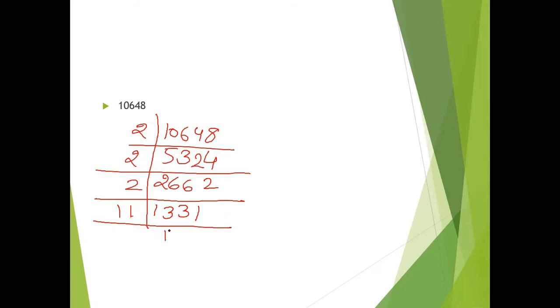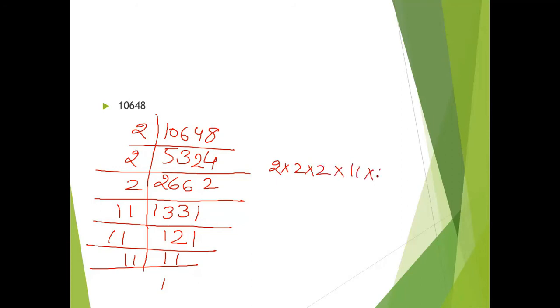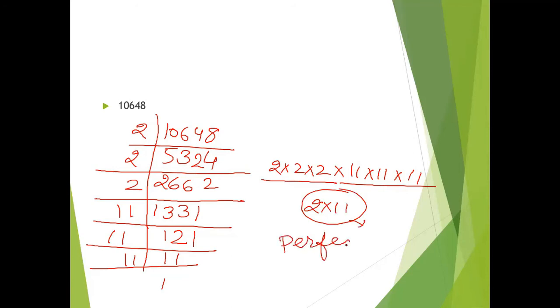So 1, 23. So 2 and again 1, 121. Again 11, 11, 11 and 1. So what are the prime factors? 2 into 2 into 2 and 11 into 11 into 11. So 11 is 3 times, 2 is 3 times, 2 into 11. So it's a perfect cube.